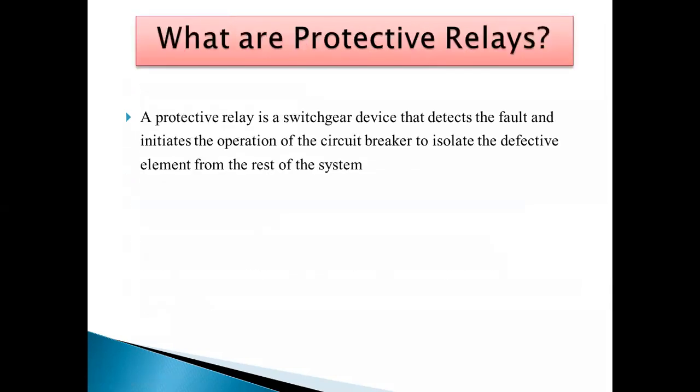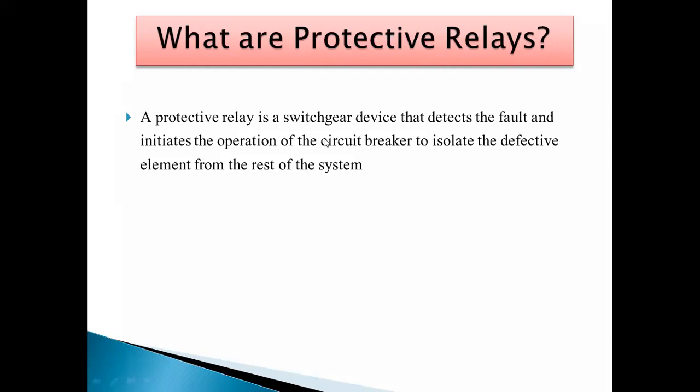Okay. So what is meant by a protective relay? We know this protective relay is one device which is used for detecting the fault. It is actually not mitigating that fault. It is only detecting the fault, and that relay sends the signal to the circuit breaker to open the contacts of that line or of that equipment which is to be protected, right?